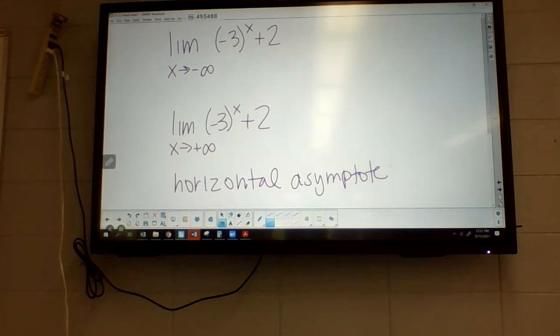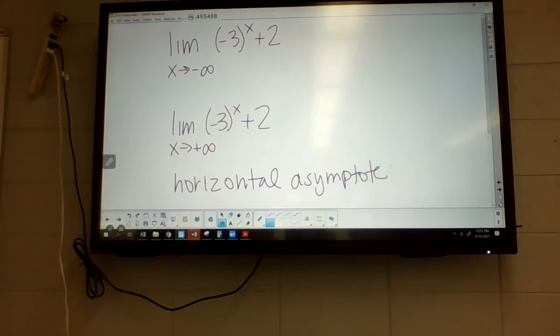I have a question. Are there infinity downs? Yeah, the infinity down, but it approaches something. What is this number trying to get to? Like, what's the line? What's the y value?